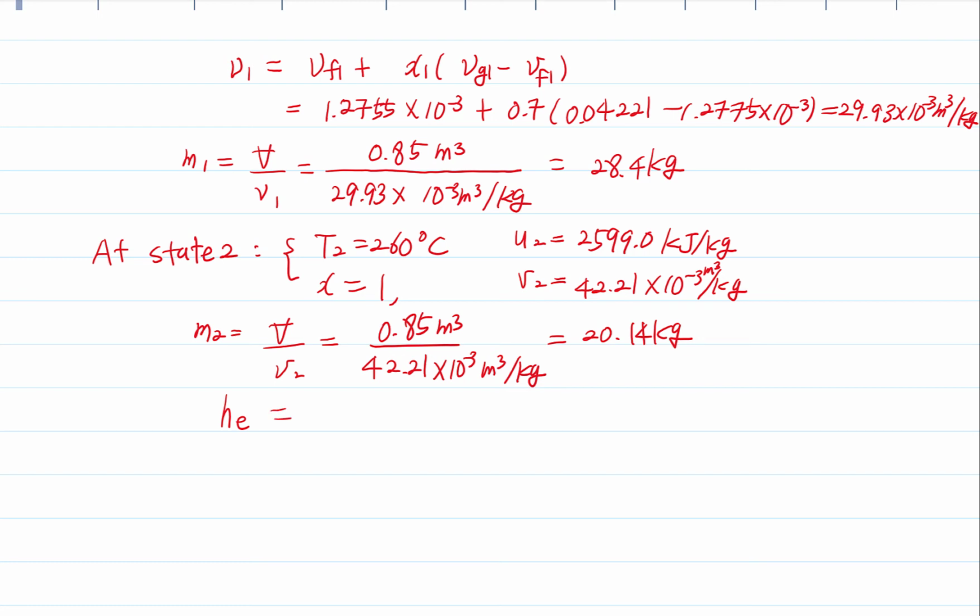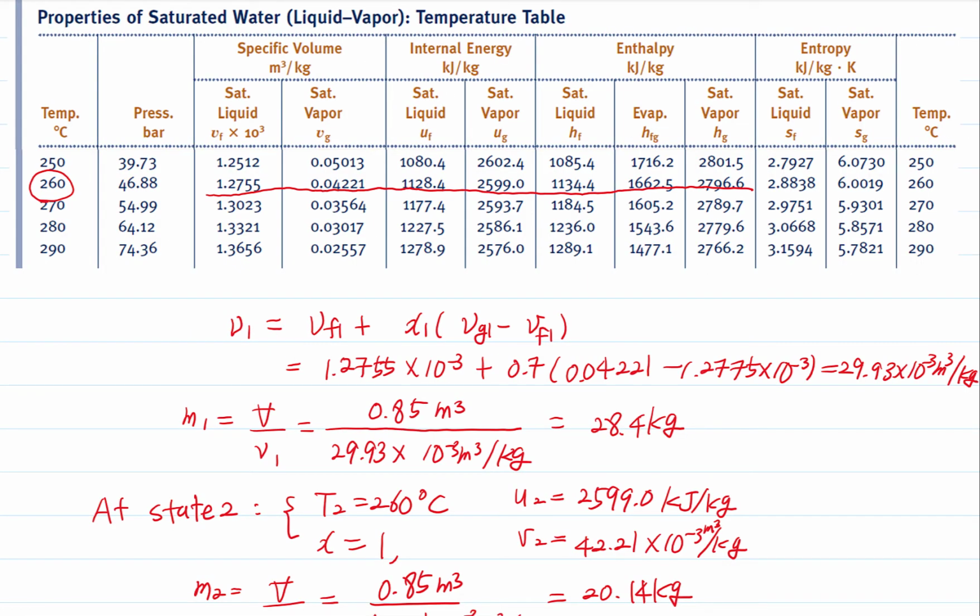In the problem statement, saturated water vapor is withdrawn through a pressure regulating valve. So we note that a saturated vapor is leaving the system, and we can determine the enthalpy of the vapor at 260 degrees Celsius. So the enthalpy for the saturated vapor is h_e.